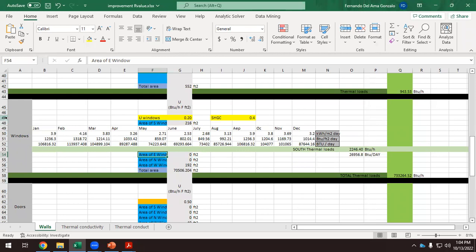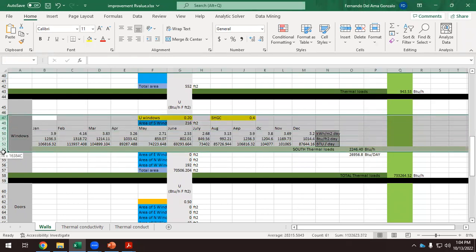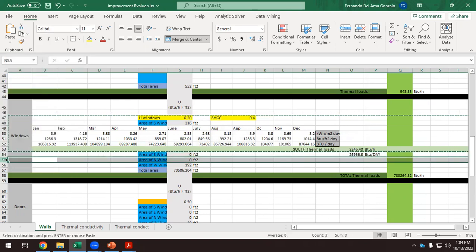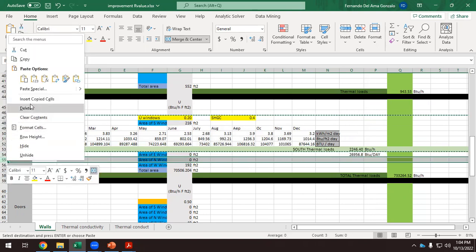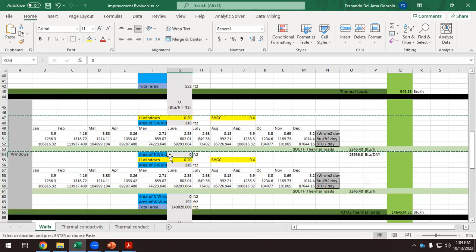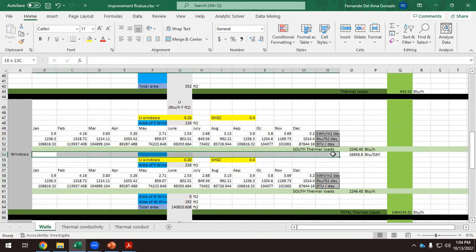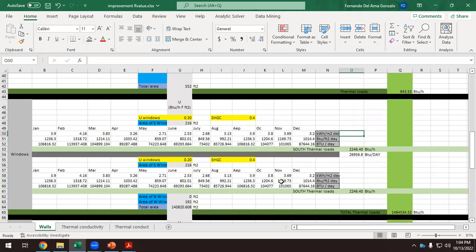I'm going to copy all these columns. And I'm going to insert the columns here. No, here. Okay. So between the south, and this is east.